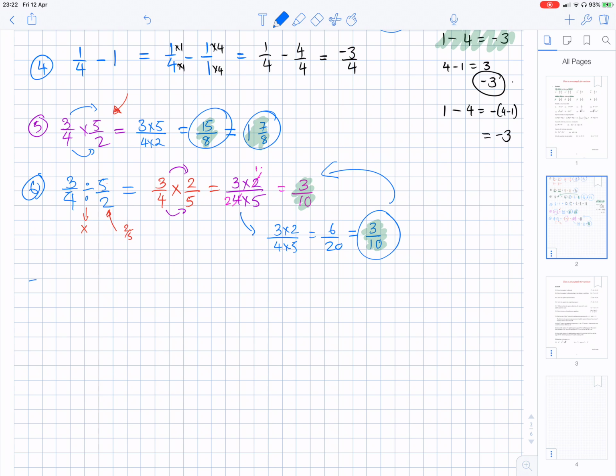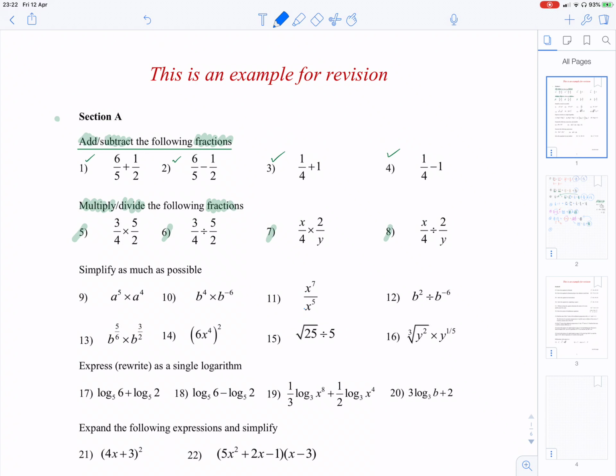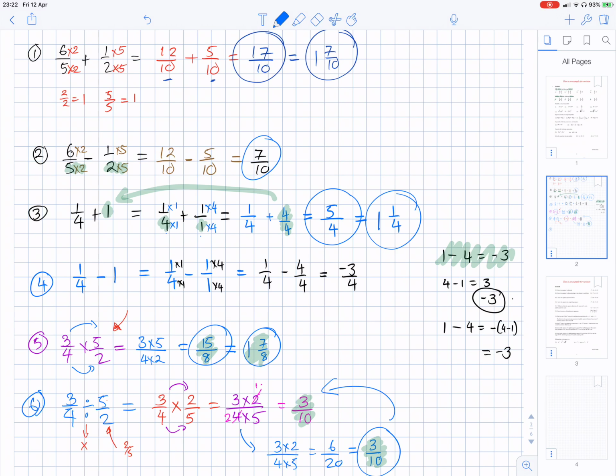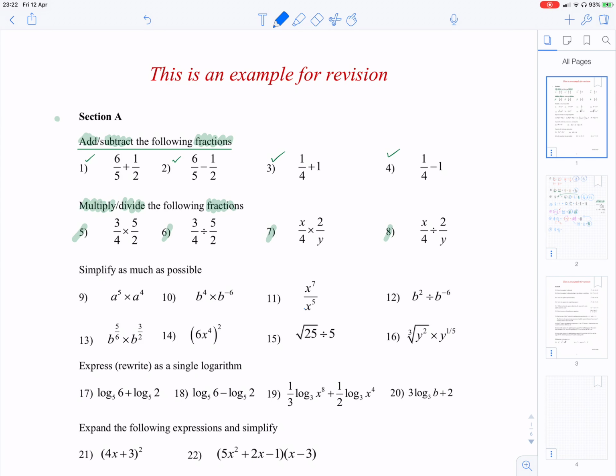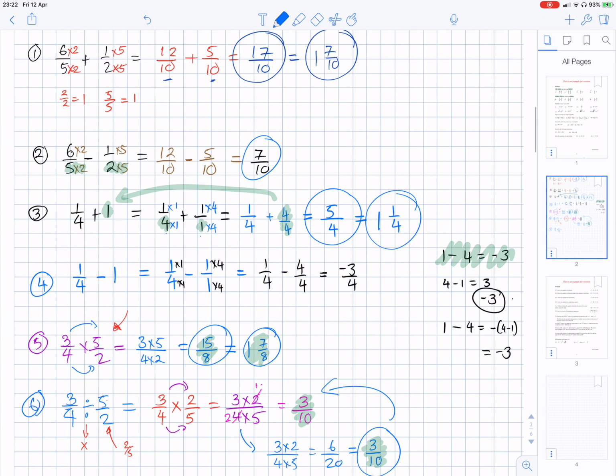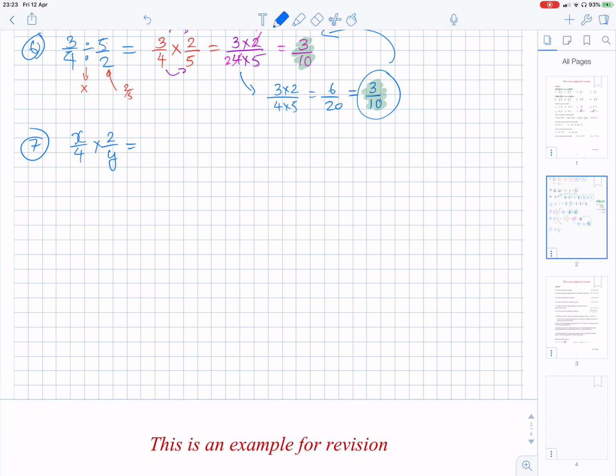Moving on to number 7. Number 7 is x/4 times 2/y. So again, this is just 2x over 4y. With this one, what you want to do is simply multiply the numerators and multiply the denominators, which translates to x times 2 divided by 4 times y.